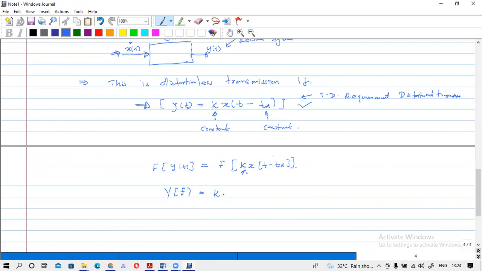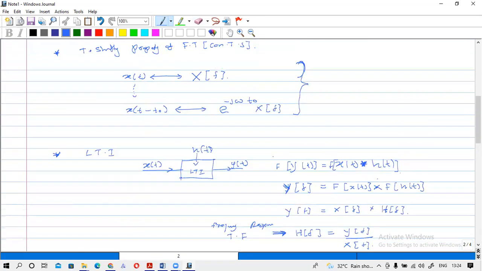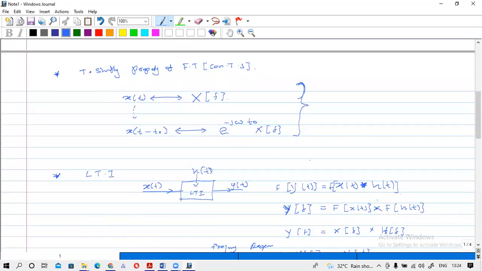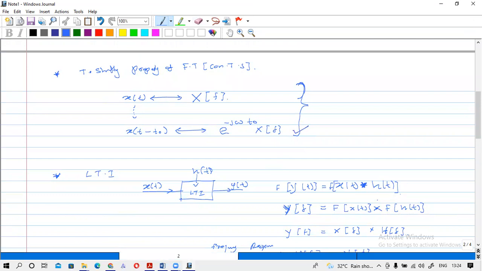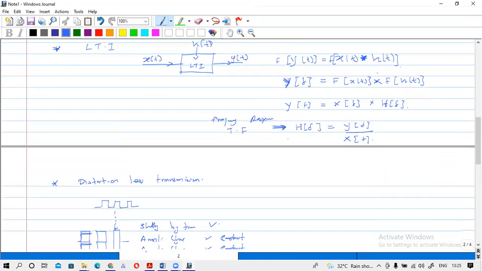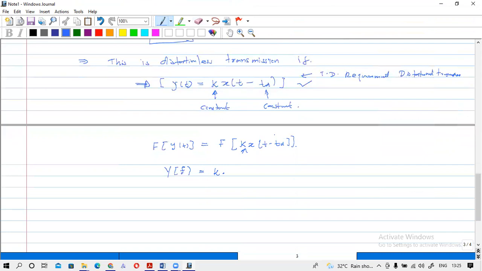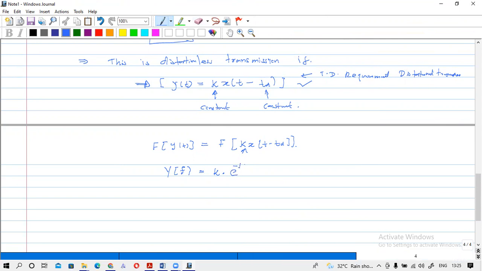Using the time shifting property, we can write this as e to the power minus j omega Td, here not t naught but Td, times capital X(f).